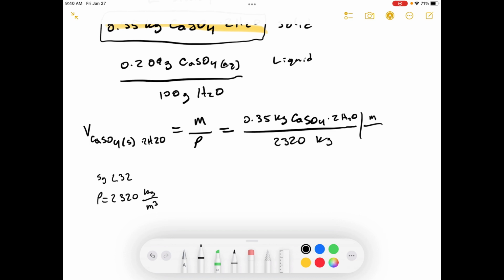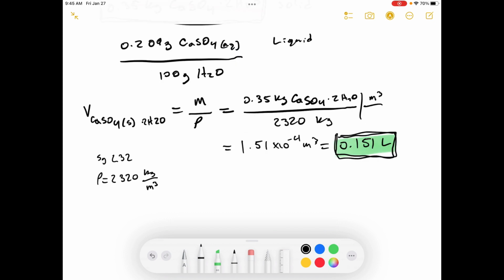Okay, and this equals 1.51 times 10 to the minus 4 meters cubed. But then turning that into liters, we have 0.151 liters. So that's the amount of volume of solid that's coming out.